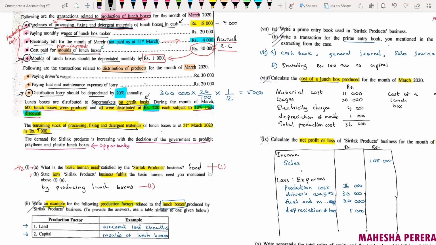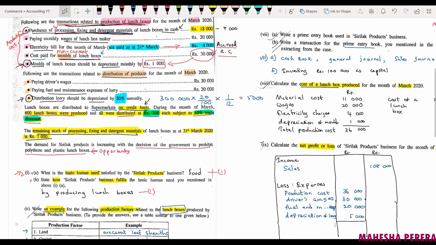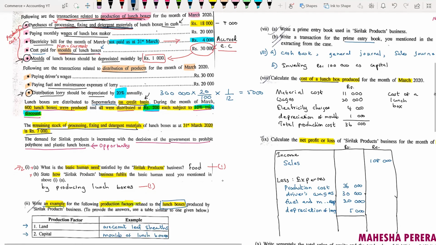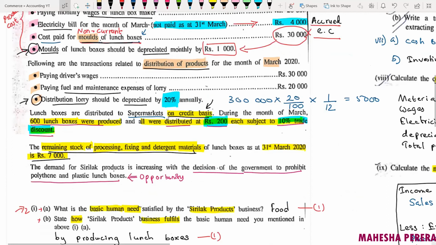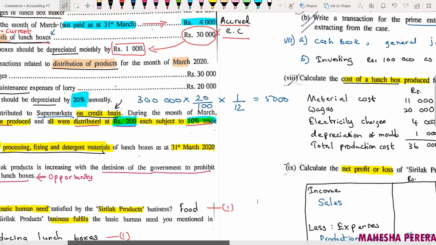Right? Now double check and see. So we can take the total of expenses. How much? 91,000, right? So you need to deduct these expenses from sales, from the total income, right?